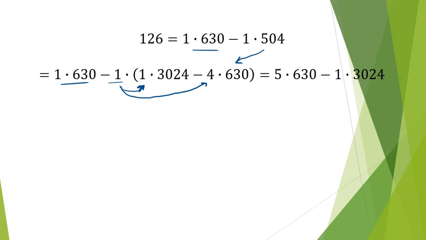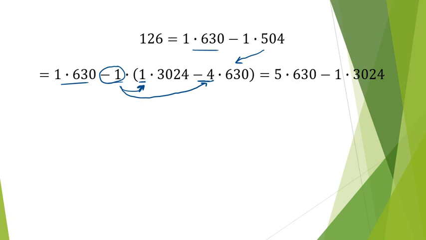Note that I'm only taking this number here, and I'm only multiplying it into the number out front. I'm only multiplying it into the 1 and this minus 4 here. You want to leave the other numbers as they are.